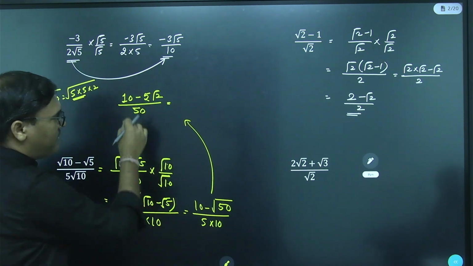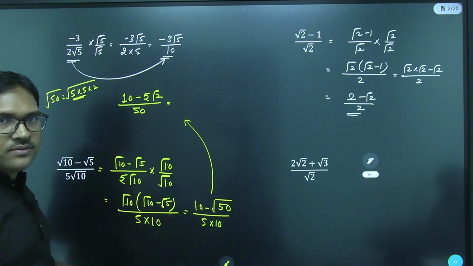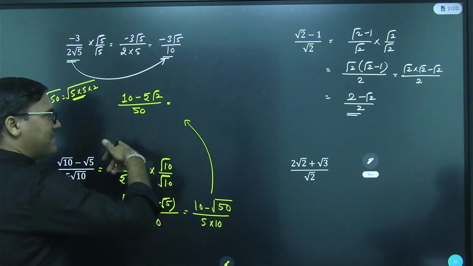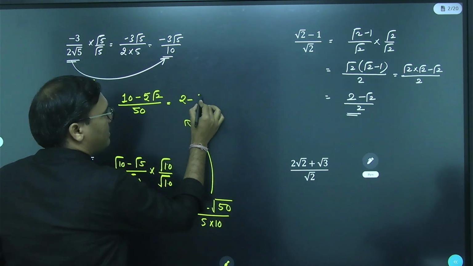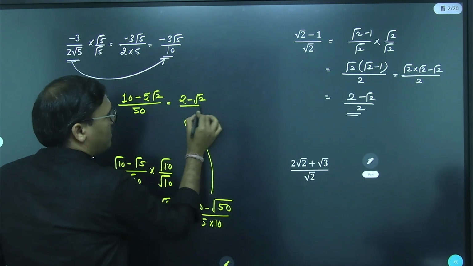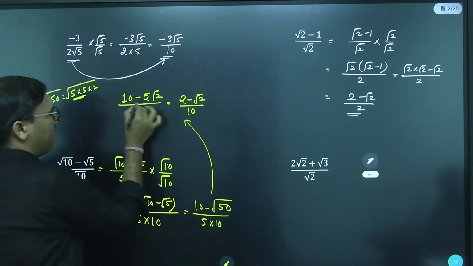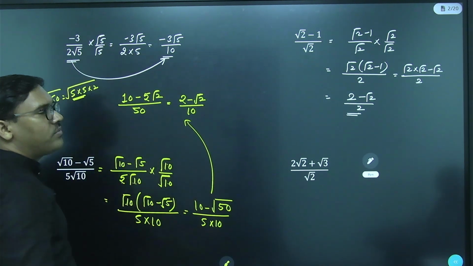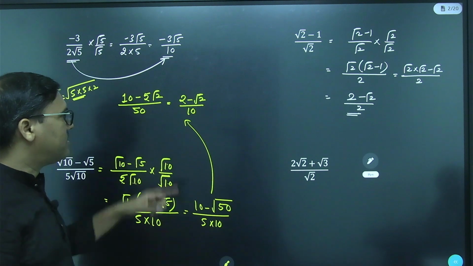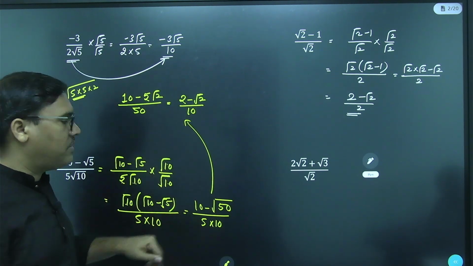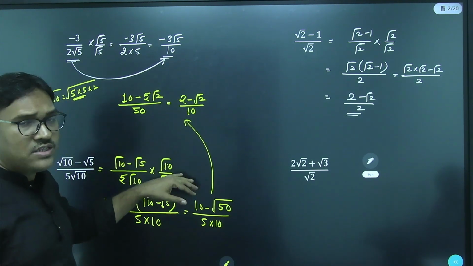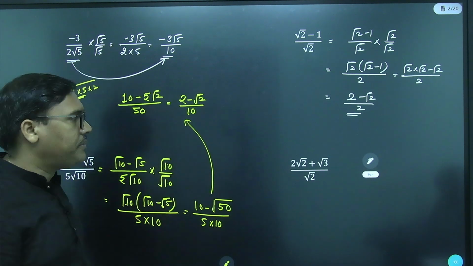Now if you observe this, I have a common factor of 5 here, which I can cancel and say this is 2 minus root 2 divided by 10. What I have done is I have taken 5 common and cancelled that common factor. I hope this is clear. So this is how we can simplify this, right? Now can you simplify this further? The answer is no.